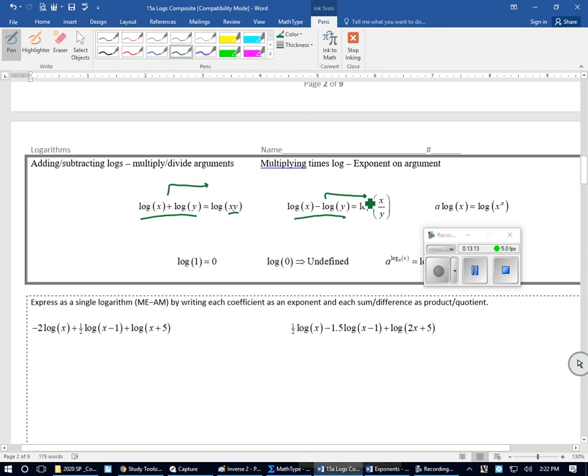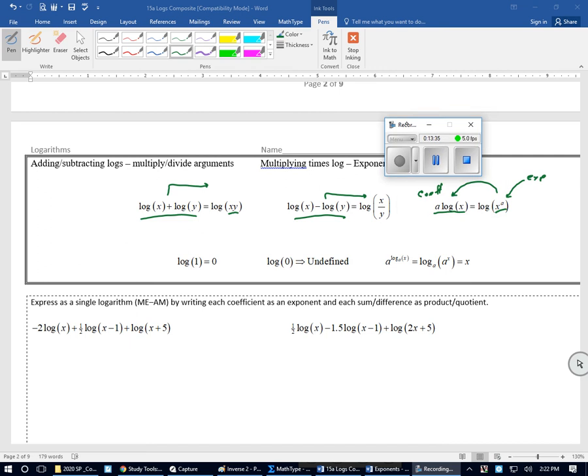And finally, when you have an exponent to a power, you simply multiply the exponents. So a number in front, a coefficient, can become an exponent.